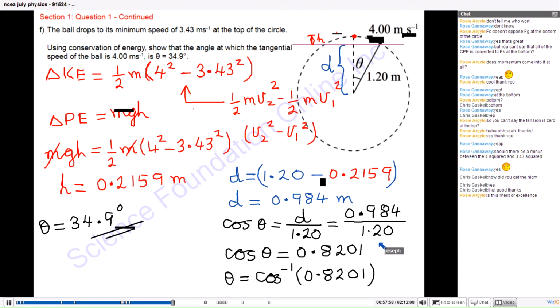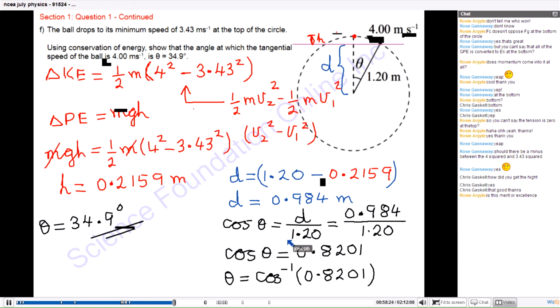Is this merit or excellence? This was a question that had different parts, all the way through to F. So clearly, if you answer it in any of them, you would get marks that would count. But this part of it came to the excellence part, obviously.